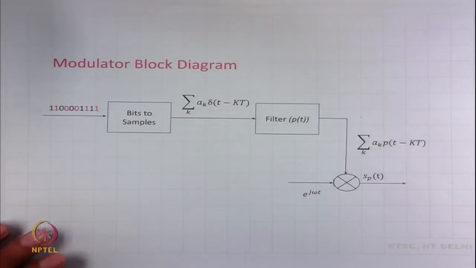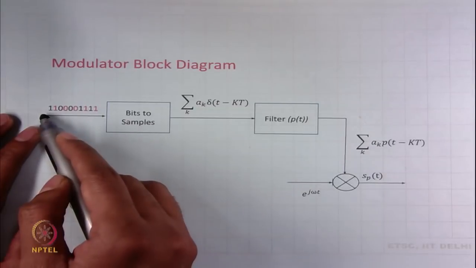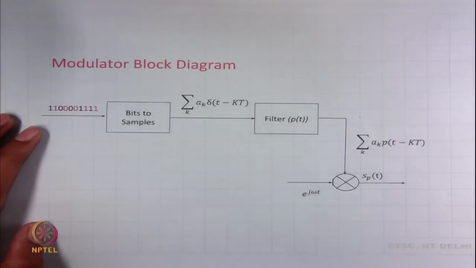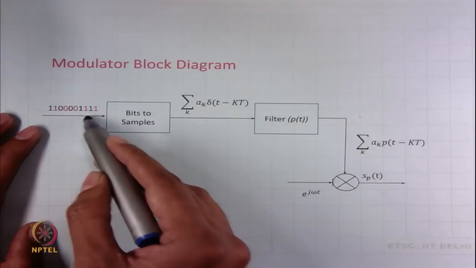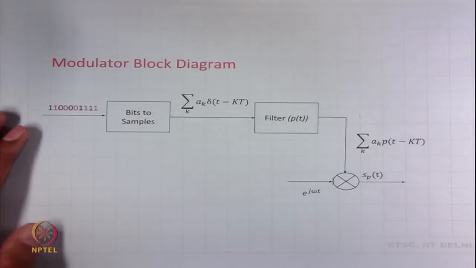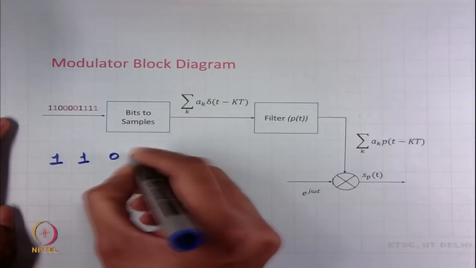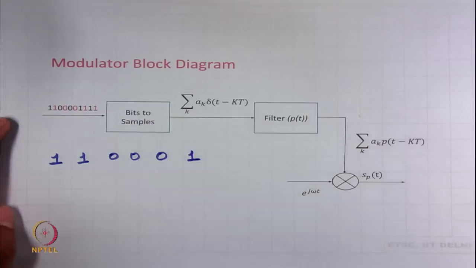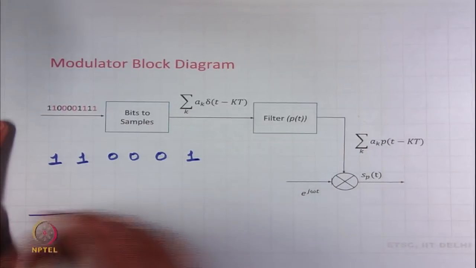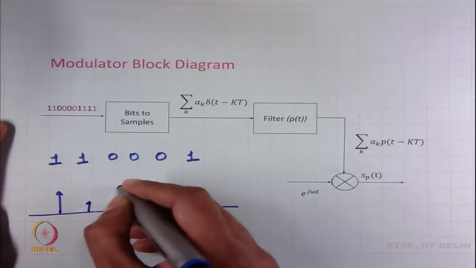The first step is that you have this binary sequence, or a sequence of bits, and these bits are converted into a sequence of samples. For example, if we have these bits, what you can do is have an impulse train.